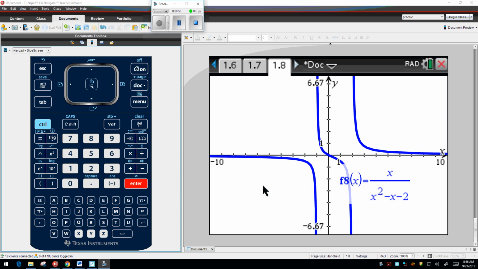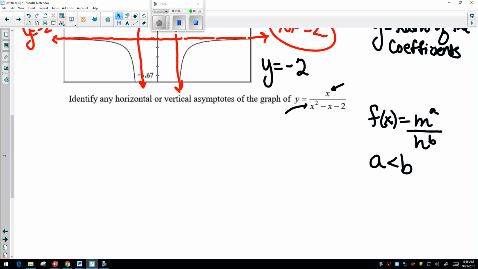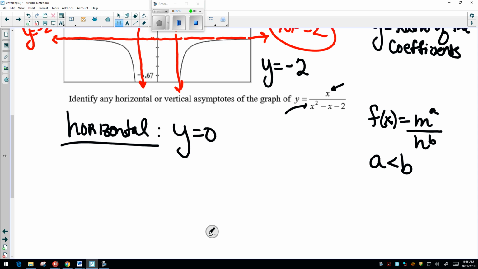So what we want to connect is when we have that situation where the numerator's largest exponent is less than the denominator, the horizontal asymptote is always going to be y equals 0. And again, we're going to get into the why behind that more in class, but just for the basics right now, just looking for rules, your horizontal asymptote will always be y equals 0 in that case, numerator being less than denominator.